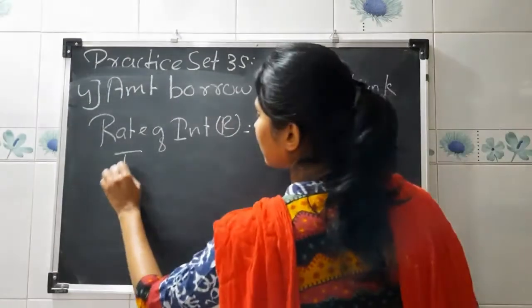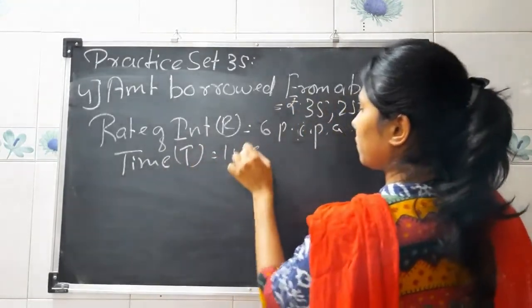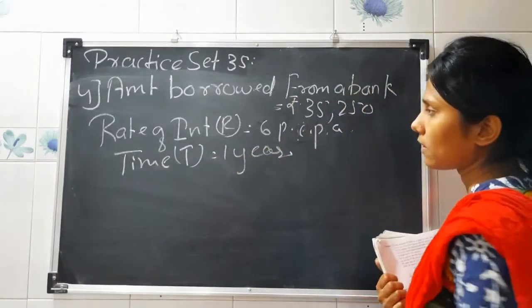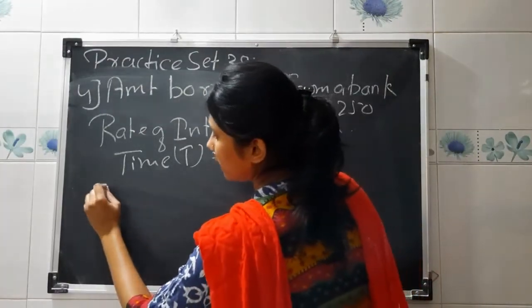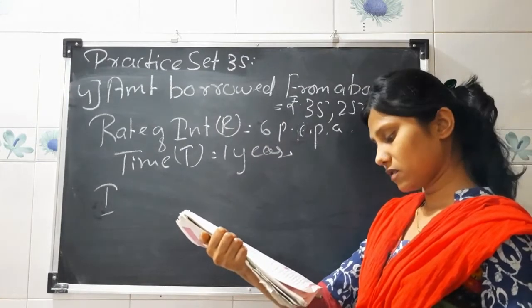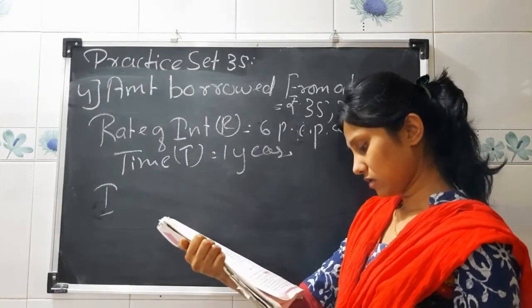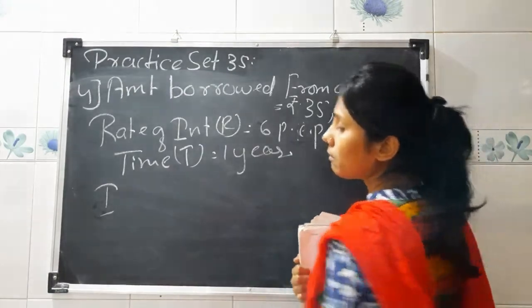And here also the time taken is 1 year. We have to find the interest which the bank will charge, the interest which he has to pay to the bank.